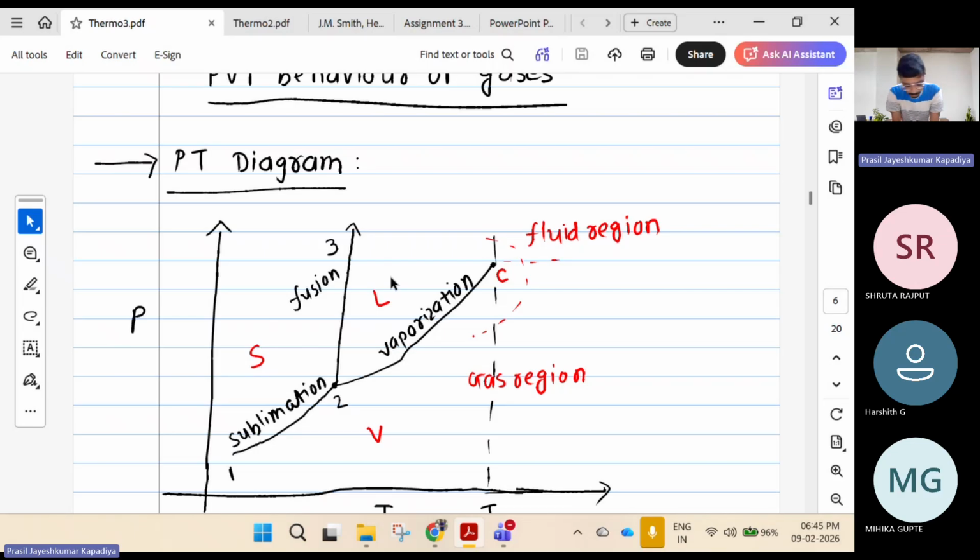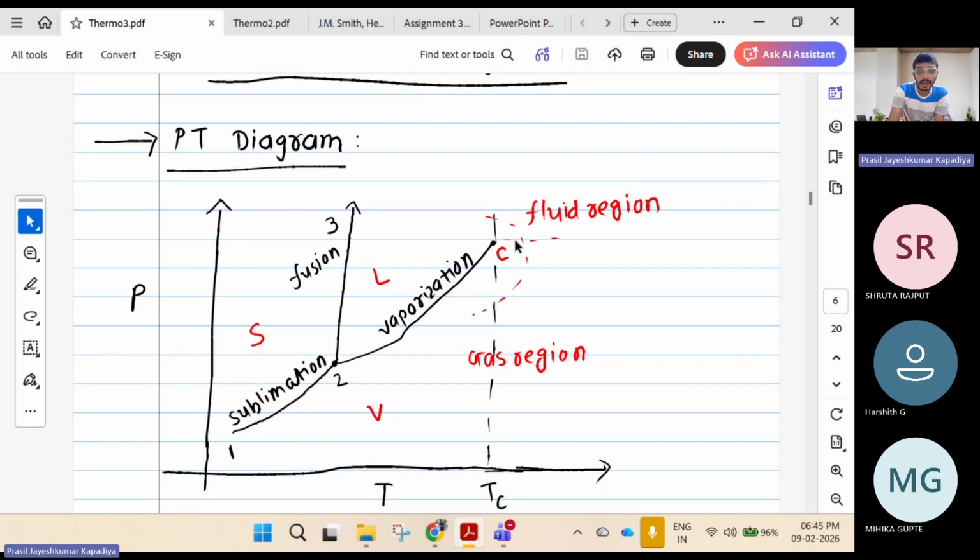Okay, so this is all about the PT diagram. This is called the critical point. The temperature corresponding to the critical point is called the critical temperature, and the corresponding pressure is called the critical pressure. Anything above the critical temperature and critical pressure is called the supercritical region.